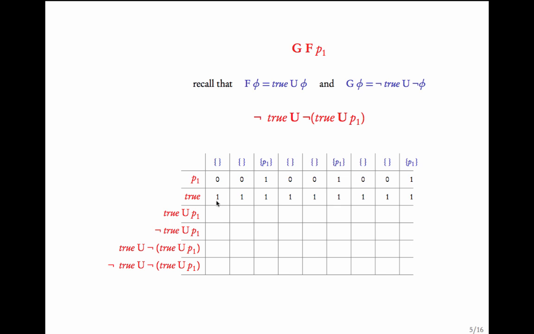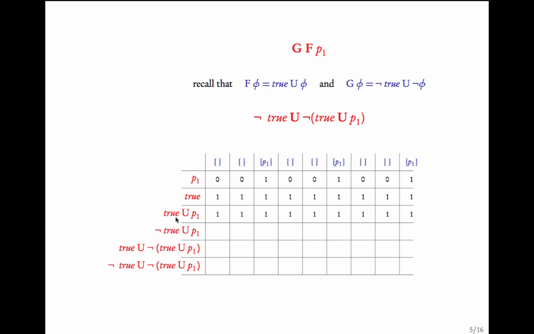P1 is true here. Until that point true is true. So here true until P1 is 1. Here true until P1 is 1. Here true until P1 is 1 because P1 is present. In fact, till here true until P1 is 1, because from every position here you can reach a position where P1 is true.